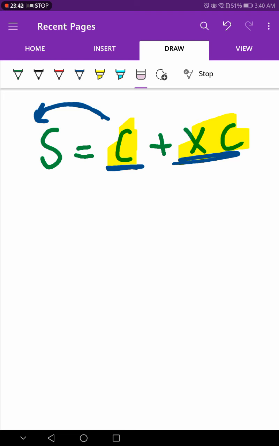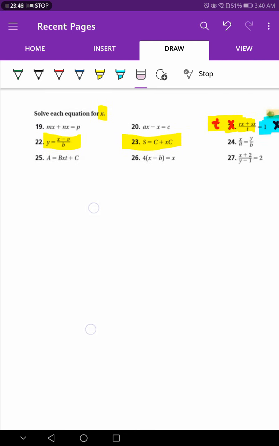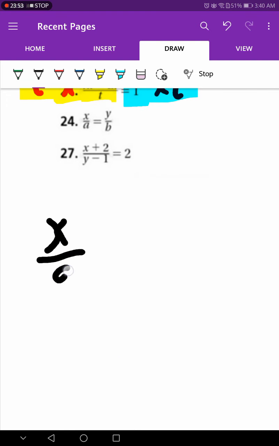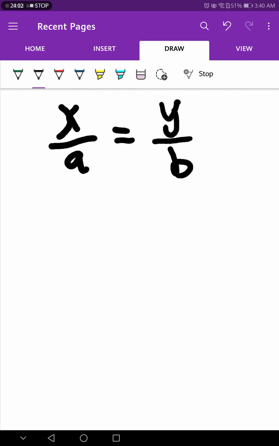Okay, my dear student, it is a very important question or situation. Now we have this situation: X over A equals Y over B. It is very important to remind yourself that you are working for X. If I ask you what is the coefficient of X here, it is A, teacher?